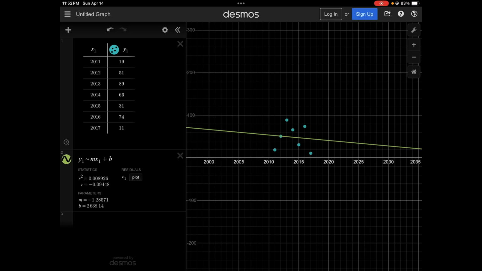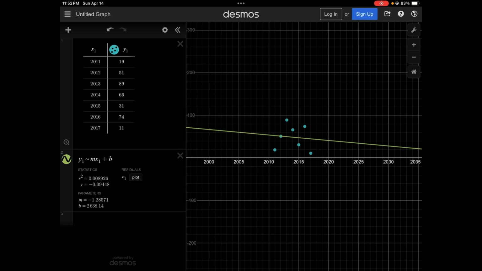Now let's look at the new tab. Let's look at this R, which is negative 0.09. Indeed it is negative because it's decreasing. Now 0.09 is really close to 0, so it's negative and weak, and we can tell that it's weak because they don't try to align.